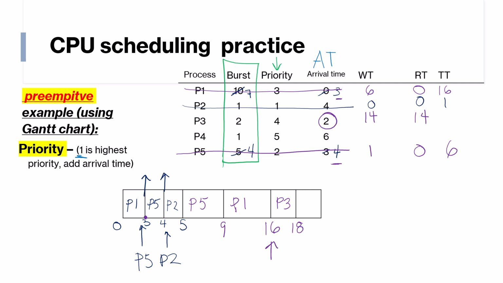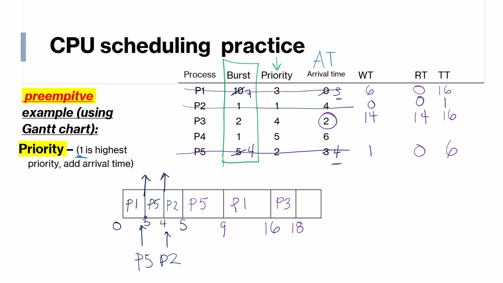P3 finished at 18, and so the turnaround time is going to be 16. You can double check that: P3's wait time is 14 plus the CPU time is 2 equals 16. So the total time that P3 was active in the system is 16 time units.